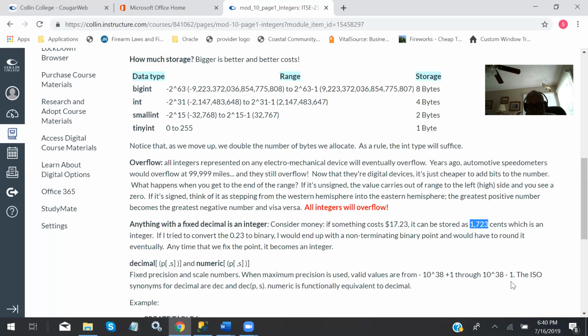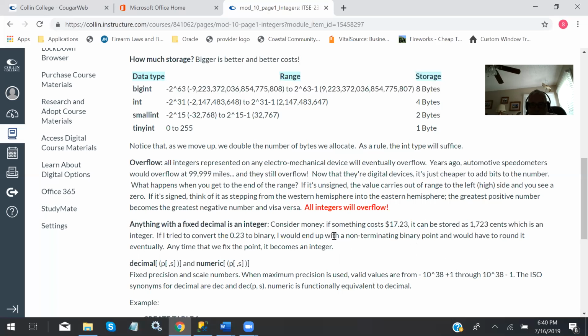That's an integer. The problem is that if I tried to convert the 23 hundredths to binary, I would end up with a non-terminating decimal point, but it would be a binary point because it's binary. And I would have to round it eventually. So I would have introduced a small, tiny little error into it.